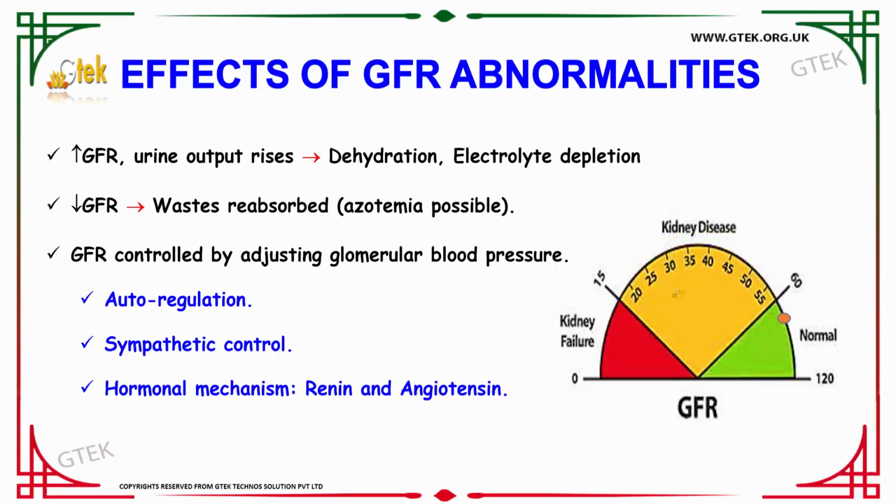If the rate is between 0 and 15, it indicates that you have kidney failure. So this is how your filtration rate determines whether your kidney is functioning properly or not.